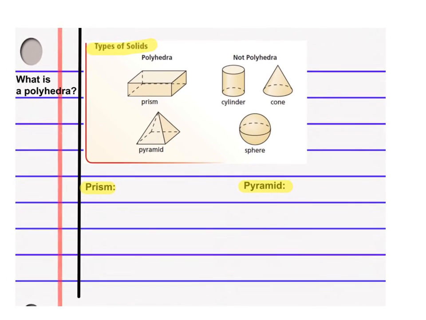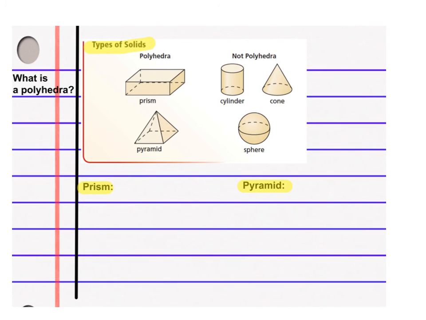All right, so what is a polyhedron or what is a polyhedra? We have types of solids. Basically, we can break these into two main categories. Category 1 is polyhedra, and the plural has the N: polyhedron, polyhedra. And we have those that are not. Just to remind you, all sides are polygons.